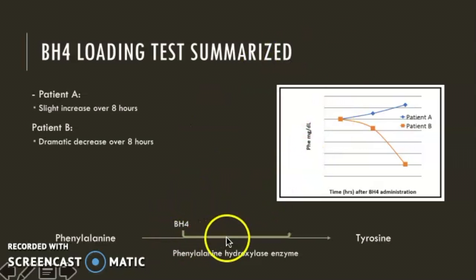BH4 is required for this reaction to take place. So when BH4 is administered to someone who has PKU, I would expect there to be no change or an increase in phenylalanine. When BH4 is administered to someone who does not have PKU, I would expect a decrease in phenylalanine levels due to the additional BH4.